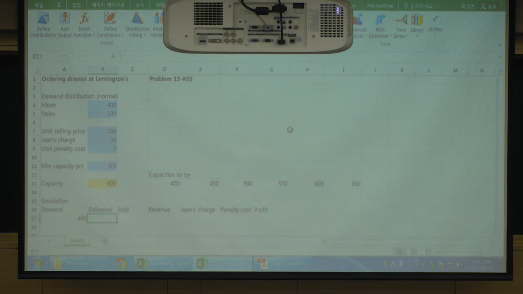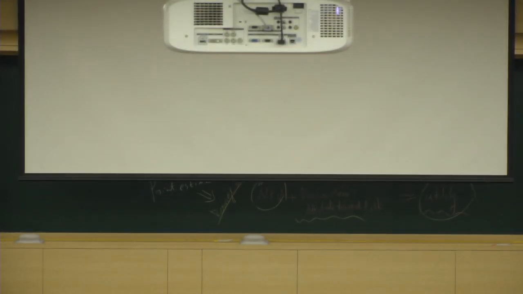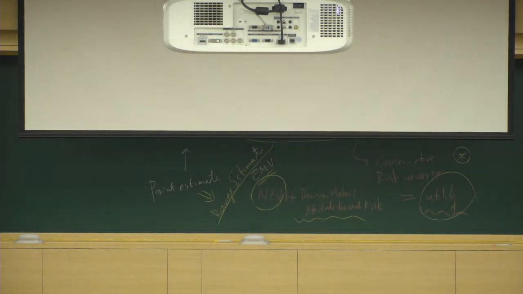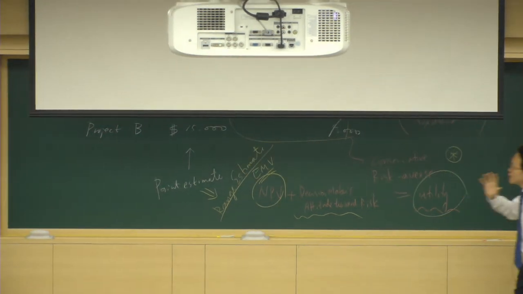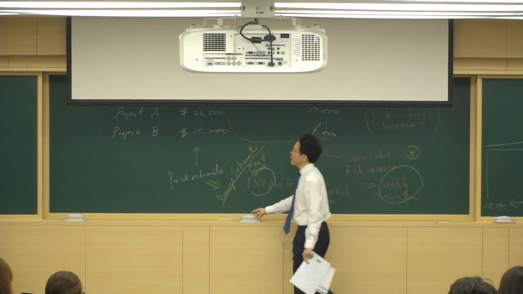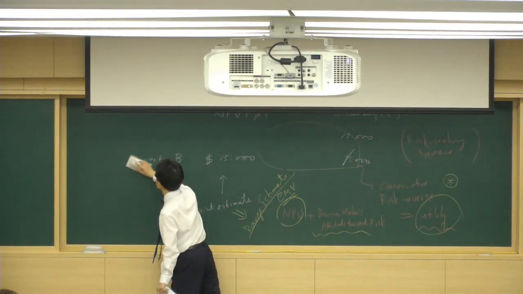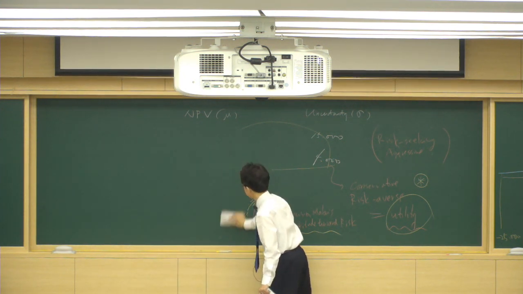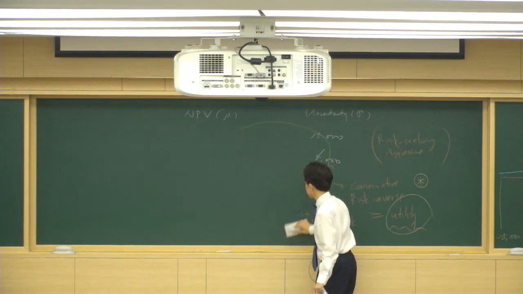We have to be a little bit careful here. So let me try to make it understandable as much as possible, and let's see whether you can follow the logic. Actual delivery means how many units of dresses I actually got from my outsourcing partner.